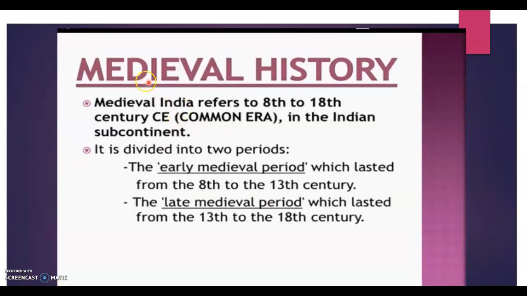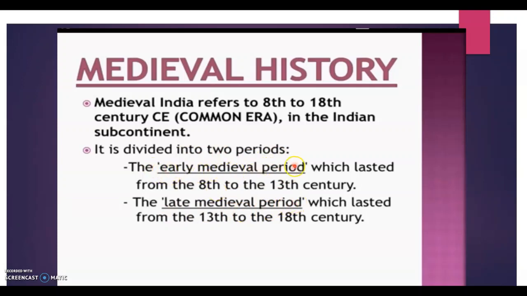So children, medieval India refers to the 8th to 18th century CE or Common Era in the Indian subcontinent. It is divided into two periods, the early medieval period and the late medieval period.